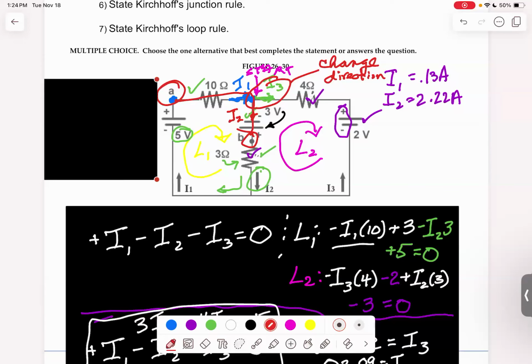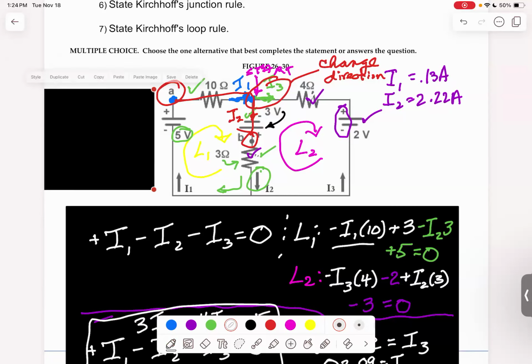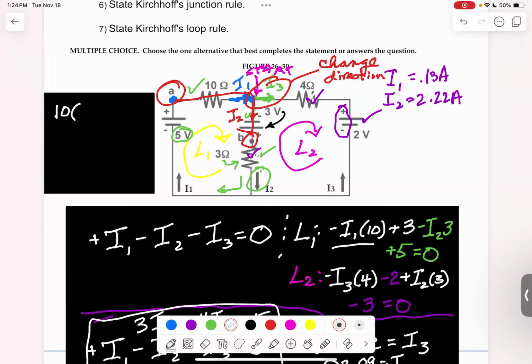It would be the 10 ohms times the current, which is 0.13. There's a voltage drop there. Let's put a negative sign in there.